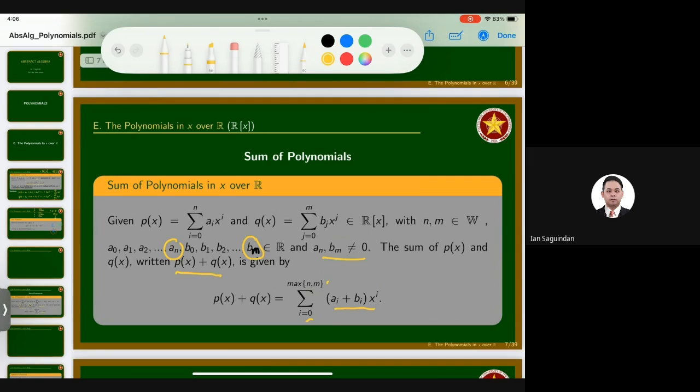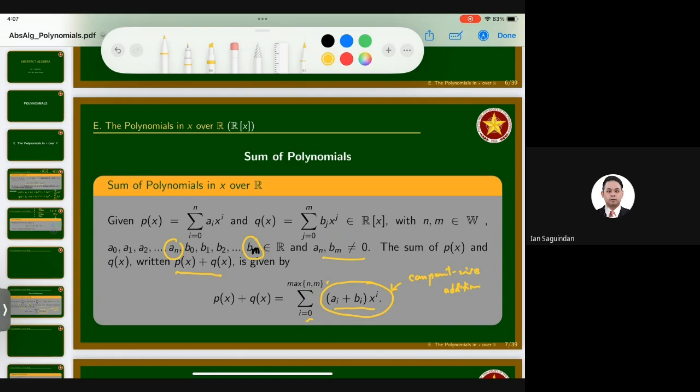Okay, if you look through this presentation further, this tells us about component-wise addition. I believe you can still remember your teachers in high school told you that whenever you add polynomials, you consider like terms.